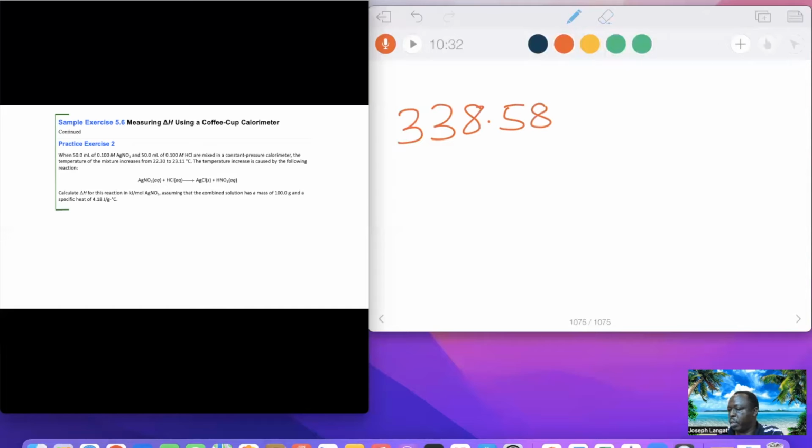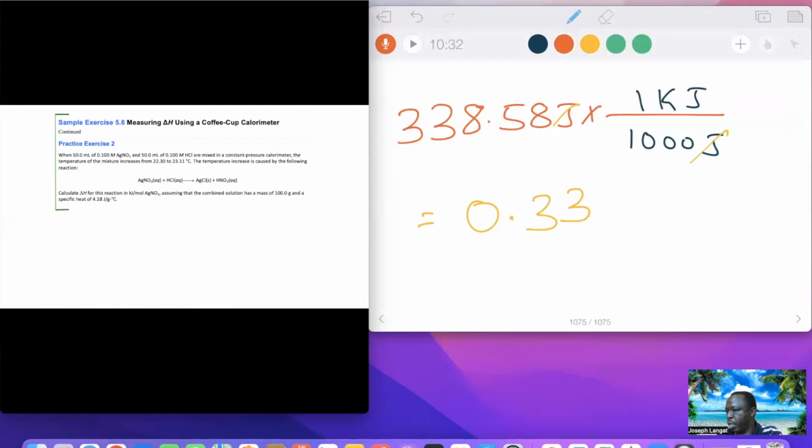This is the conversion factor: 1,000 joules is 1 kilojoule, or 1 kilojoule equals 1,000 joules. So the units cancel, and the answer is 0.33858 kilojoules. We changed to kilojoules because the question was in kilojoules per mole.